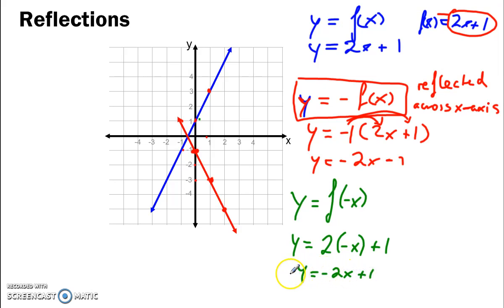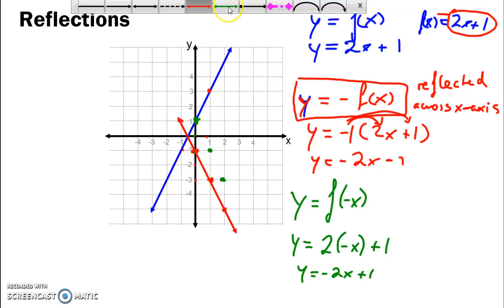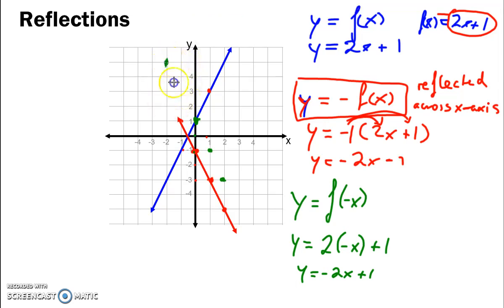So let's see what this one looks like. Plus 1 is my y-intercept. We're going to start there, and then negative 2, down 2 over 1. Now I can graph that, and it looks like this.